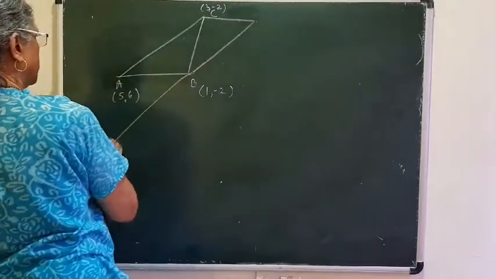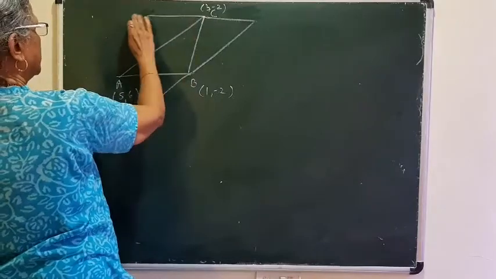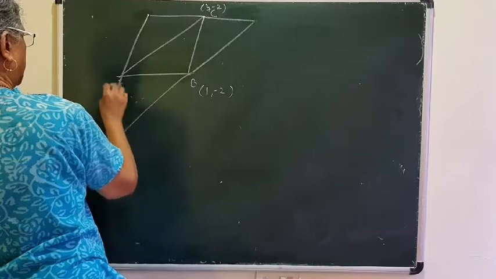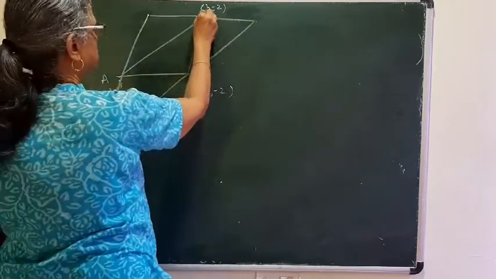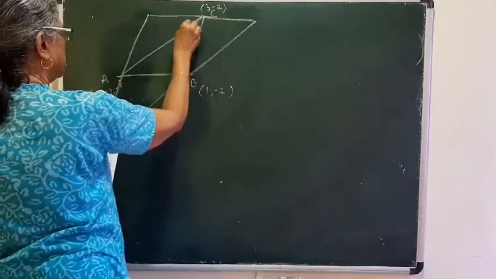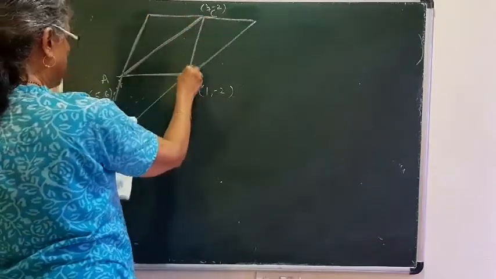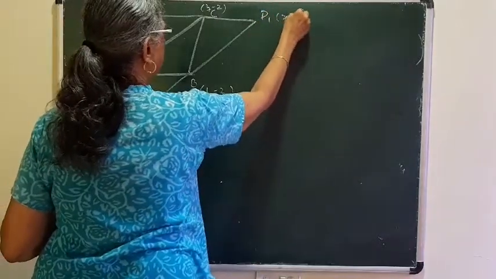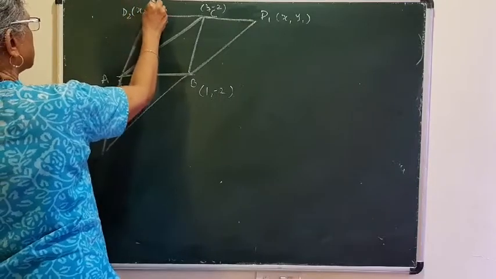Here first we are going to make this parallelogram. Then this second parallelogram. A 5, 6. So first we have made this parallelogram. I am showing one. Second, this is the parallelogram. So let this be D1 having coordinates x1, y1. Second position D2 having coordinates x2, y2.